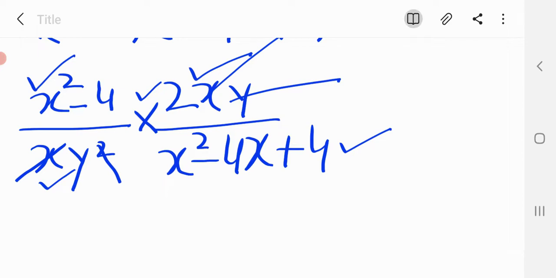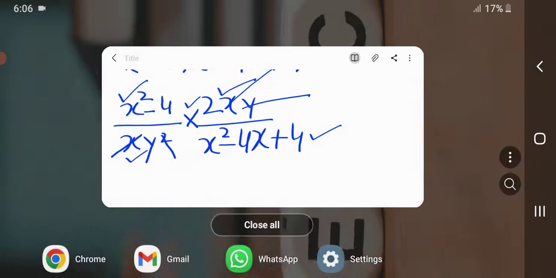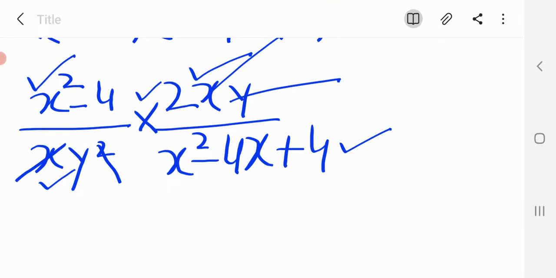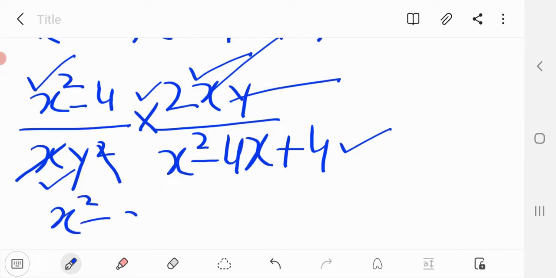Let me write in which form we can write these two. x square minus 4 can be written as x square minus 2 square, because we have one formula: a plus b into a minus b is equal to a square minus b square. As 2 is multiplied, let me write it here.